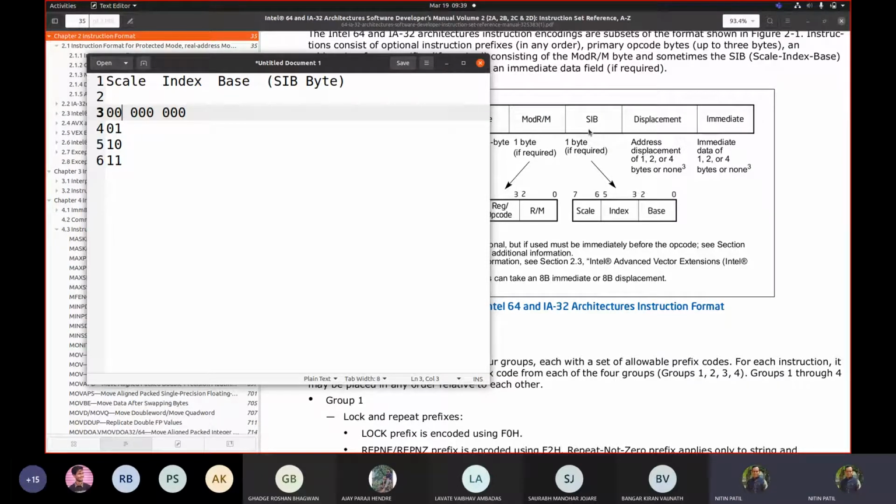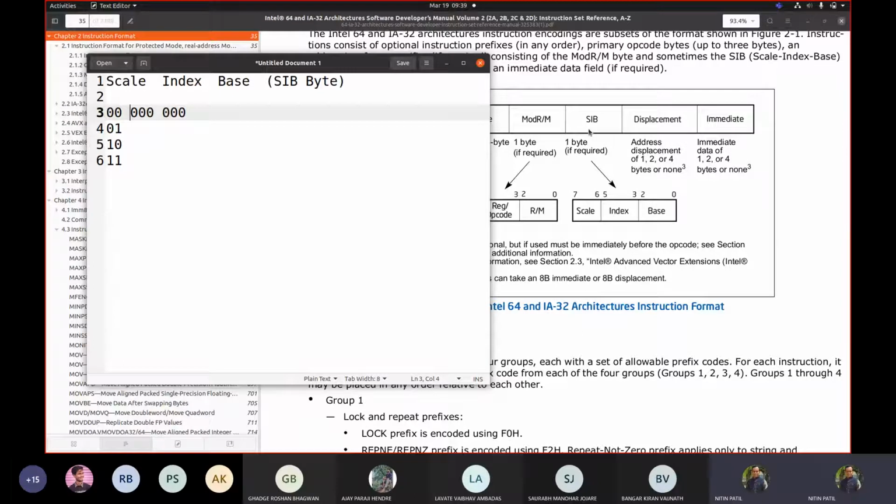So we computed 100, 104, 108 and so on. Similarly, index and base would be registers, or they may be the addresses associated with the particular array or memory location.